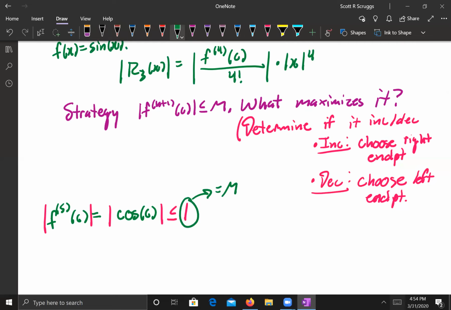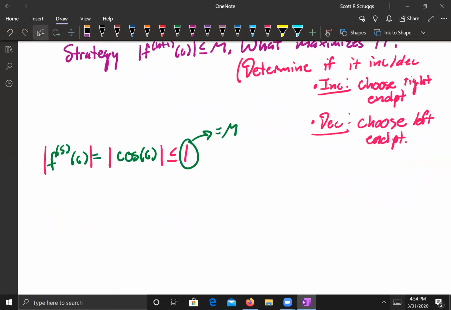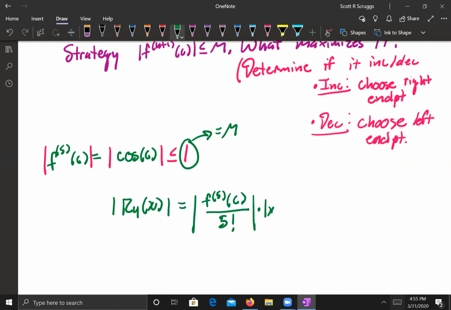And so now I can say I'm going to estimate the remainder of the fourth order Taylor polynomial, which equals the fifth derivative of f at c over 5 factorial times x to the 5th power.